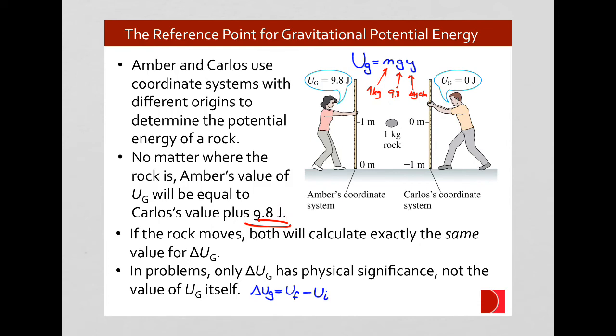When you subtract the two, you're subtracting out that baseline, and you'd see the same overall change in gravitational potential. It's just a simplification in order to define gravitational potential as mgy. In fact, when we're doing calculations, we'll always be looking at the change in gravitational potential.